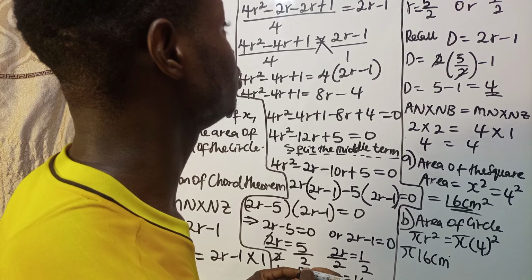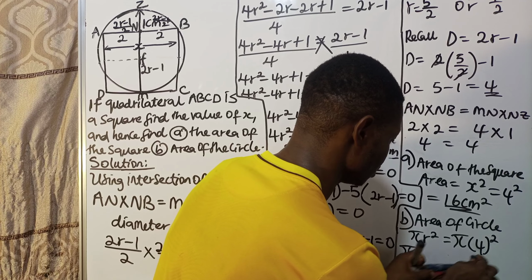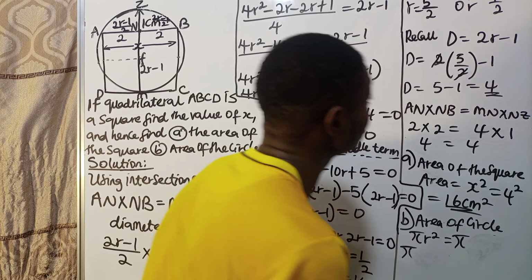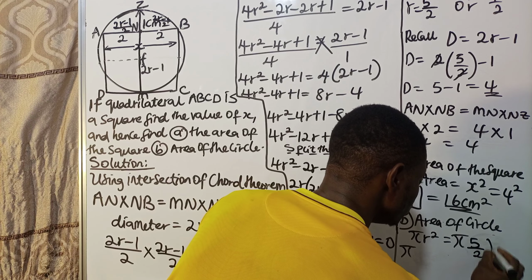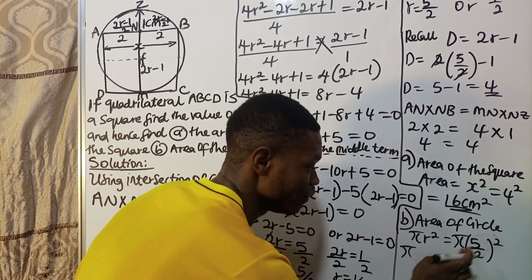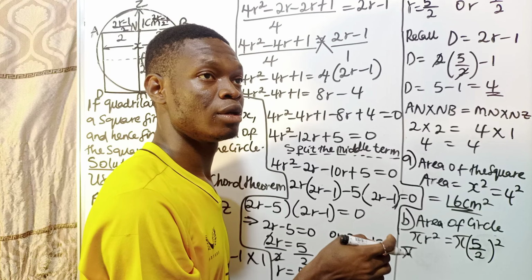Okay, my radius is 5 over 2. Sorry, I was using the diameter. Sorry. So my radius is 5 over 2. So it will be pi times 5 over 2 squared. So 5 squared is what? 25. So 25 divided by 4.